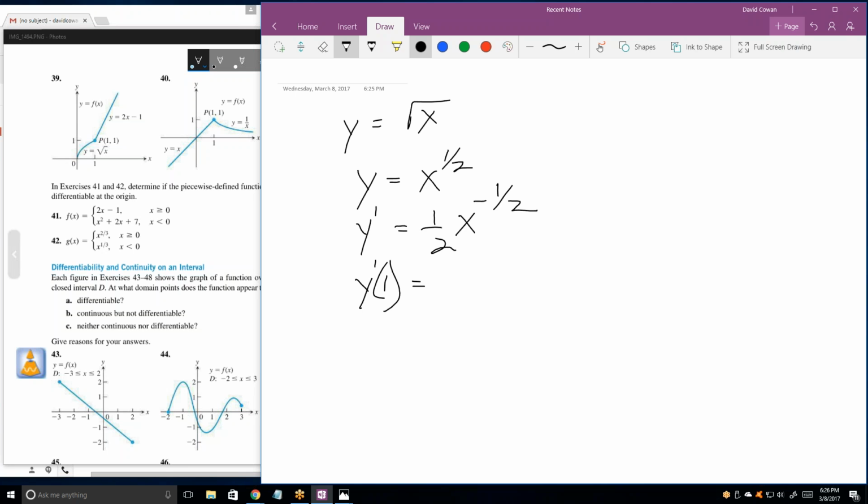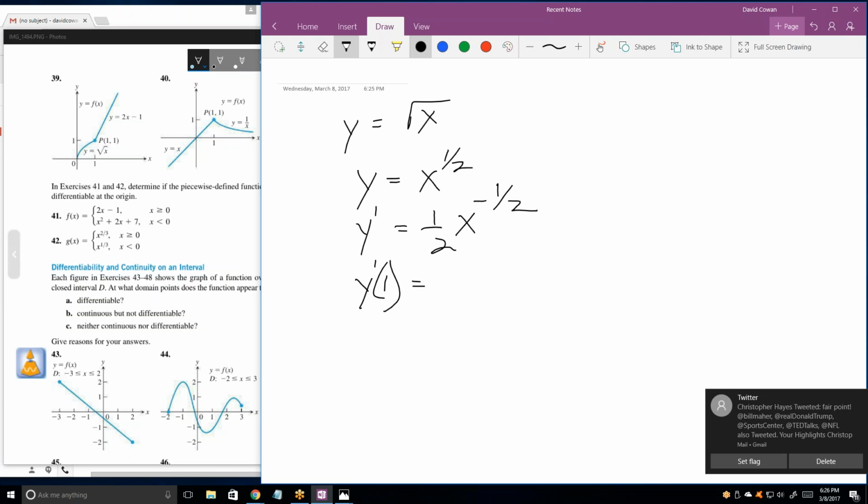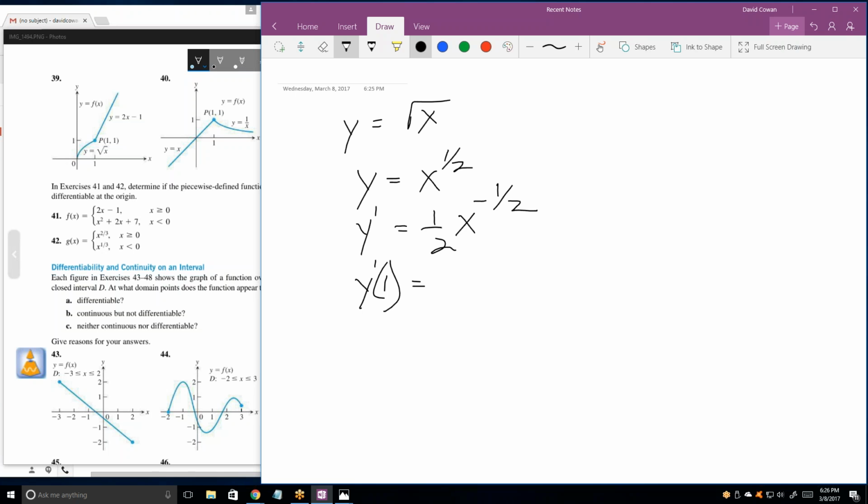Whenever you're evaluating a function and you've got something other than x in the parentheses, that means you plug whatever is in there in for x. What do I get? 1/2 of 1 to the negative 1/2, which is 1/2. In other words, 1 to any exponent is 1.